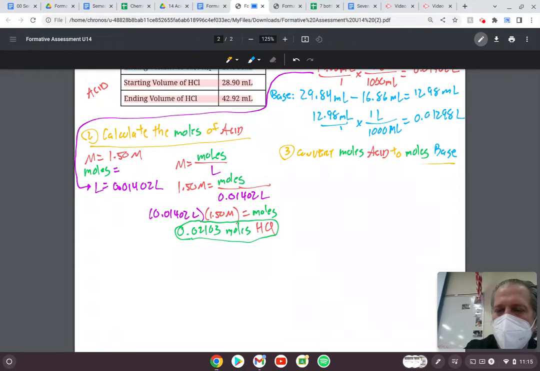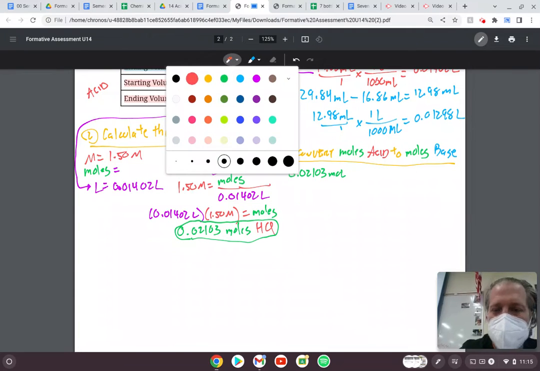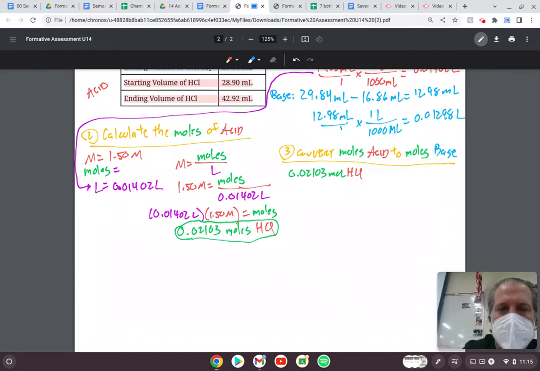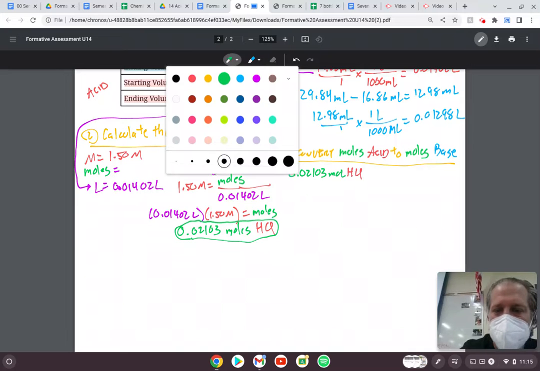When we do that, that's our stoichiometry problem. So I'm going to take the 0.02103 moles of hydrochloric acid, HCl, put it over 1.